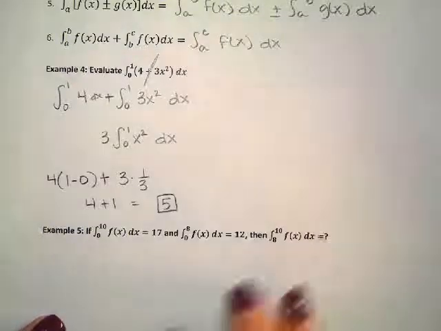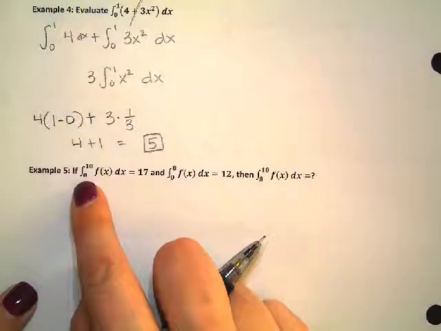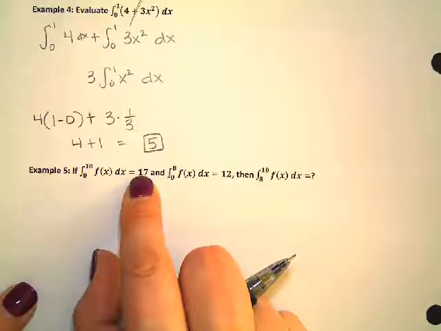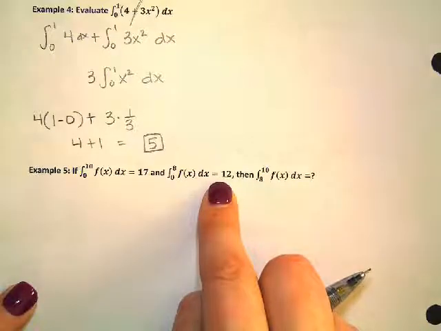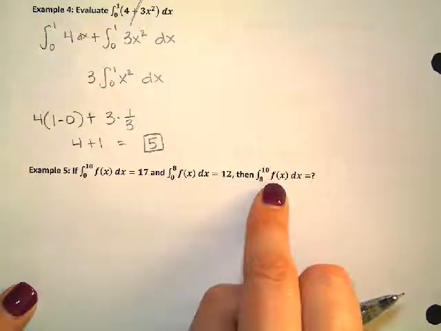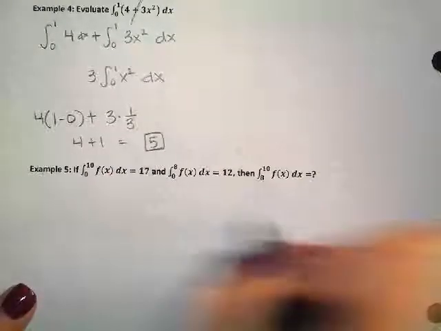All right, example 5. So this says the area from 0 to 10 is 17. The area from 0 to 8 is 12. What's the area from 8 to 10? It'd be 5. It's pretty easy, right? So I'm going to go ahead and write out the notation so we can see exactly what that should look like.